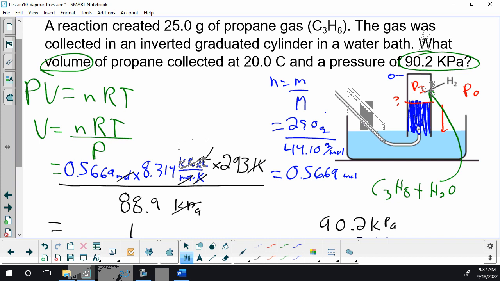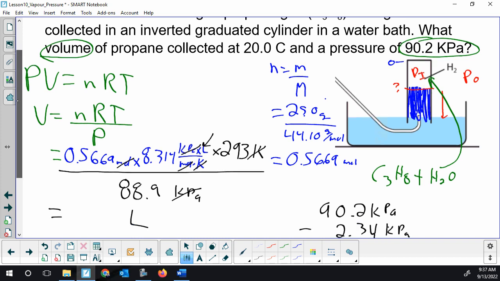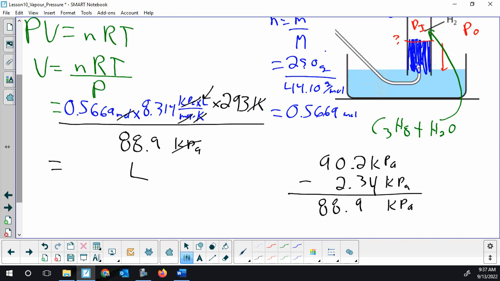I didn't show them all. Our pressure's 3, our mass was 3 sig figs. We end up keeping the lowest sig figs when we do all that multiplication and division, which is 3, so I rounded it to 15.7 liters. If you hadn't ignored the water, you would get a slightly higher volume.